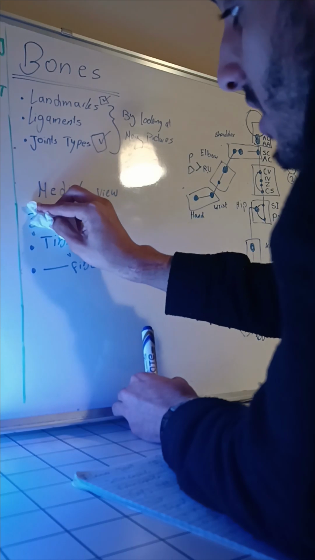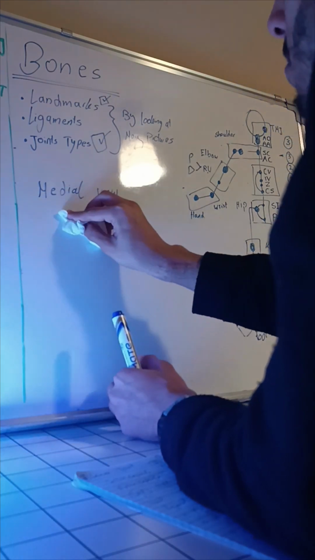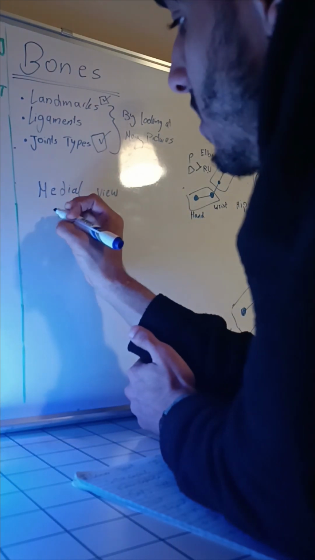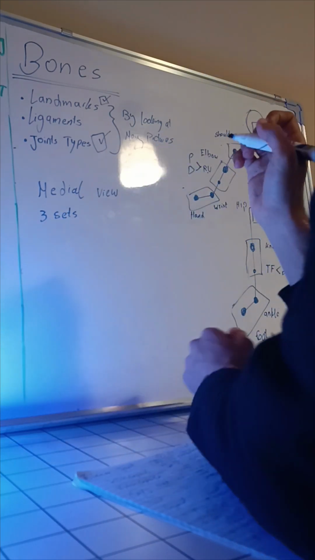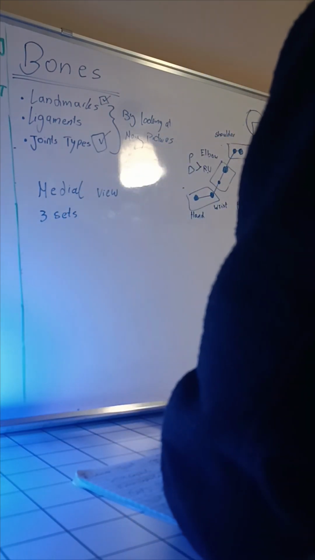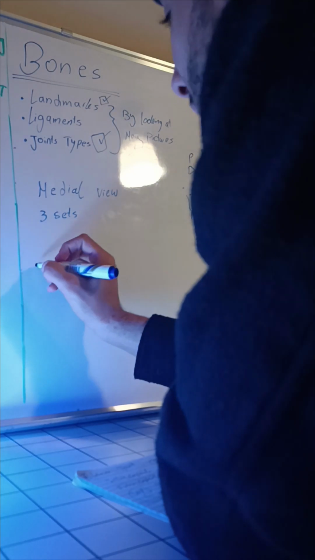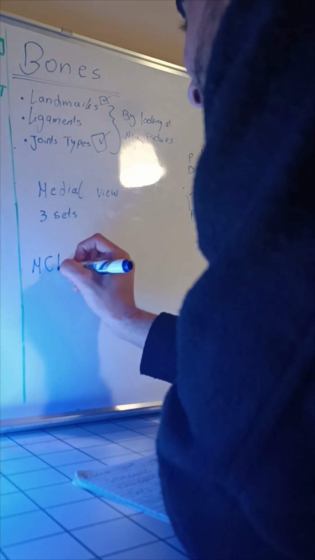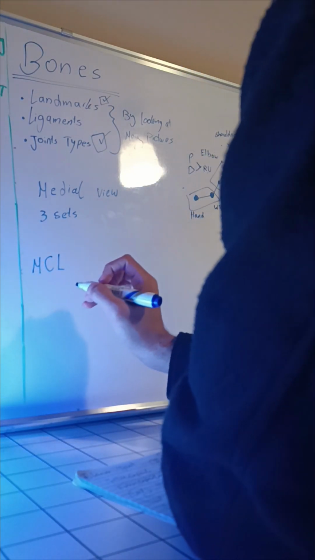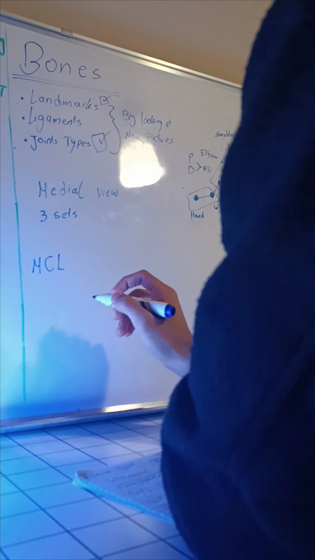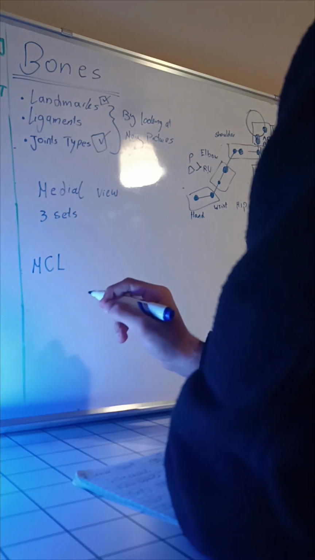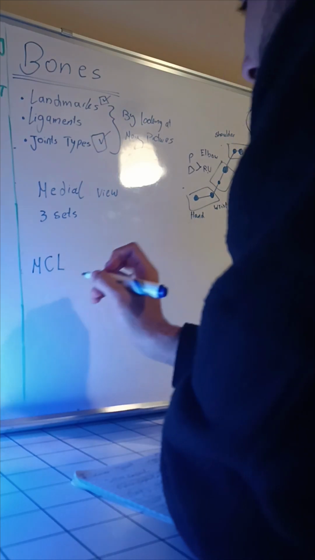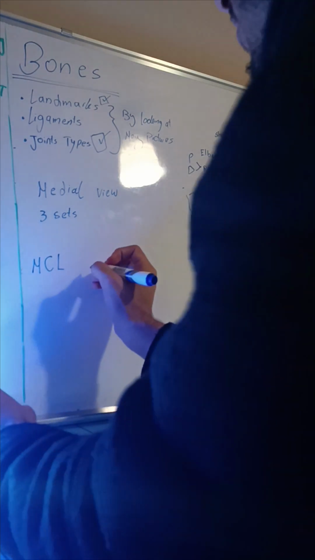So we said three sets in the medial view. What are the three sets? We have the medial collateral ligaments, which are composed of the tibia and other bones.